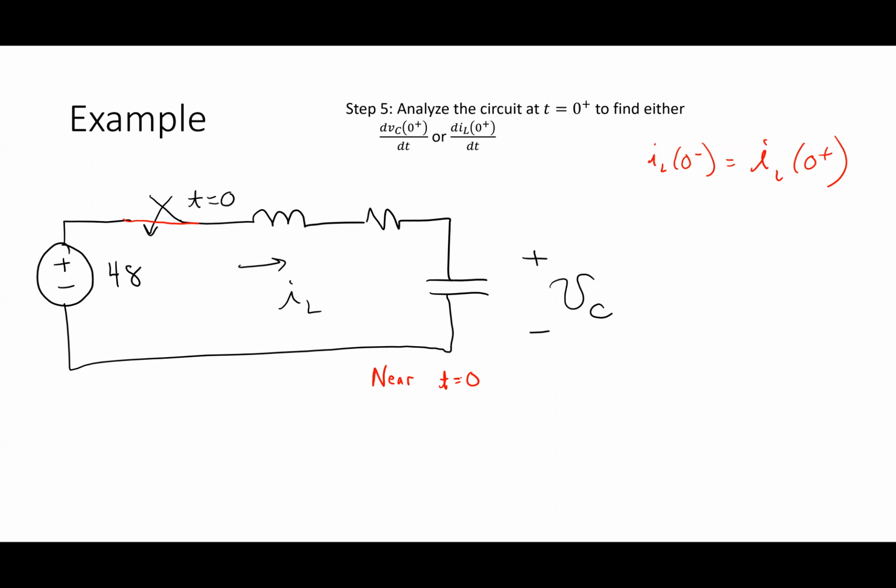What am I going to say about the inductor near t equal to 0? So in other words, from t equal to 0 minus to t equal to 0 plus, if that current stays at a fixed number, how could I think of that inductor? Not just as a wire in this case.